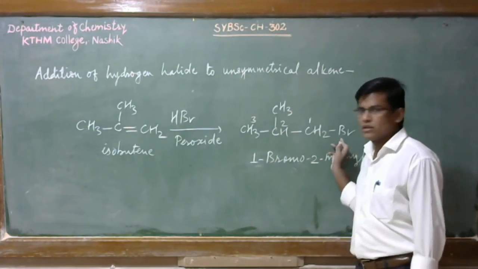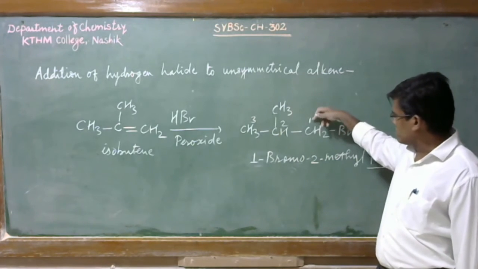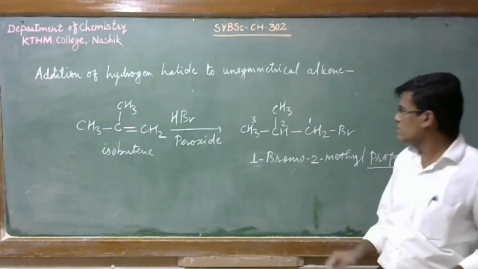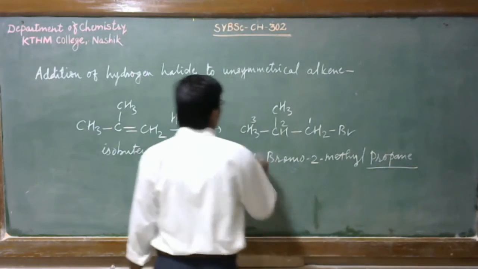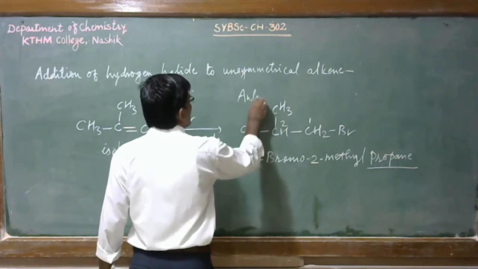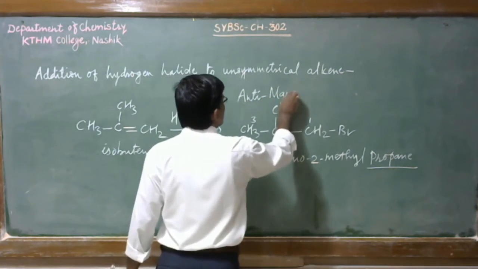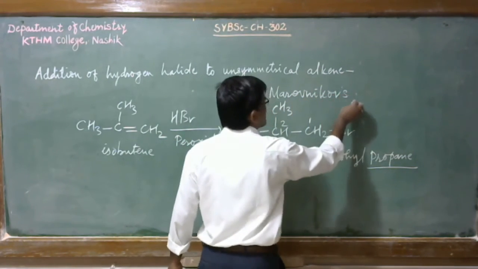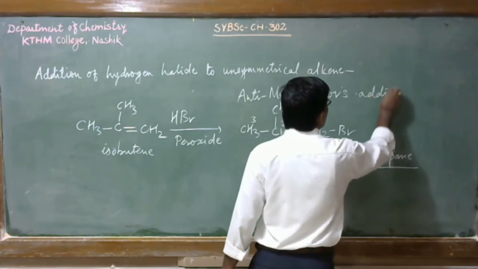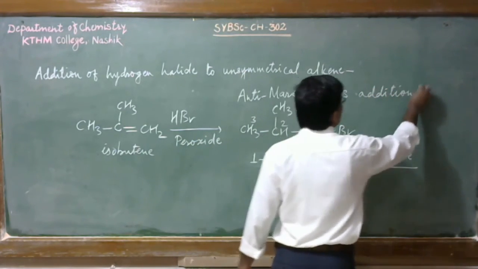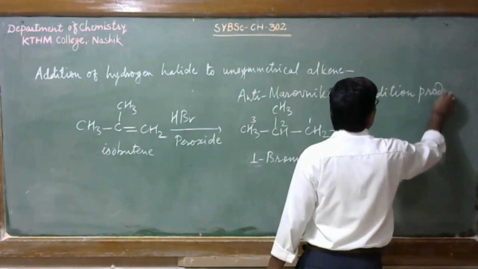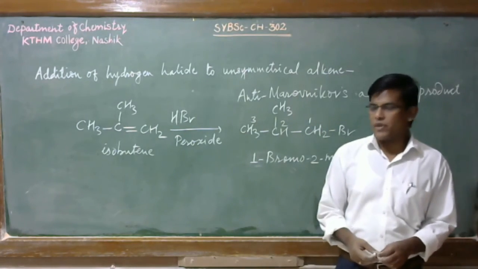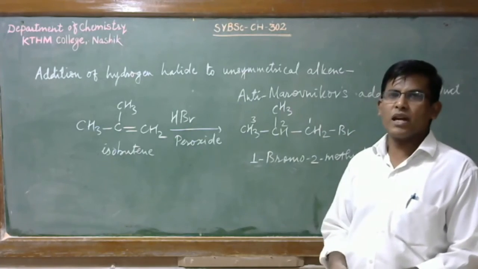This bromine is at carbon 1, so 1-bromo-2-methylpropane. So this is the anti-Markovnikov addition product, which shows the peroxide effect. Alright, so let us have its mechanism.